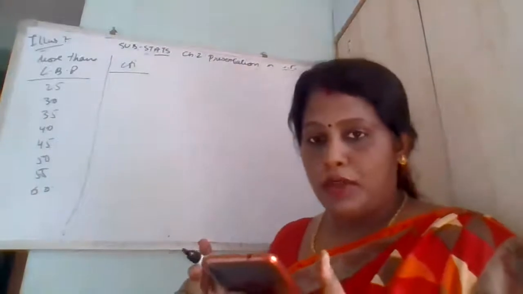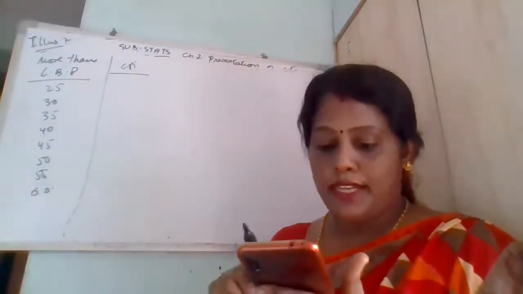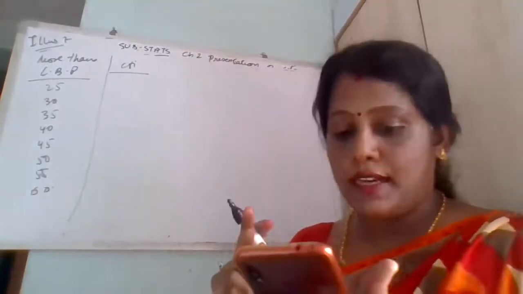What numbers you have to use from starting, and all the frequencies you have to write, starting with 25. In front of 25, what is your frequency? That comes to 0 now. So start with that.